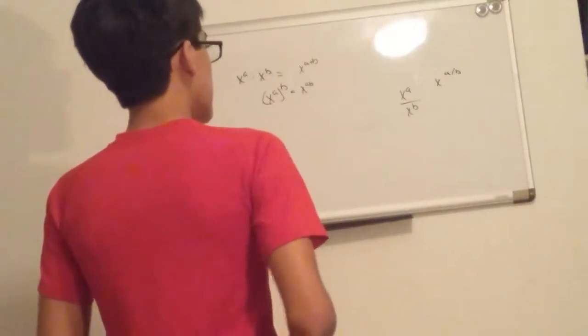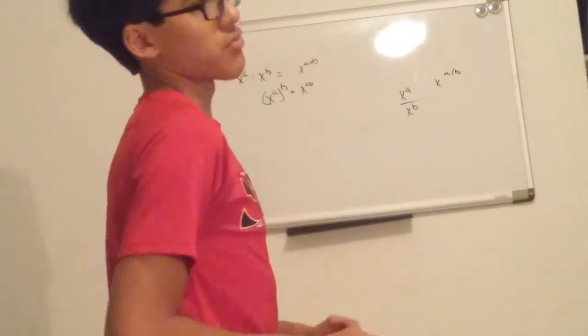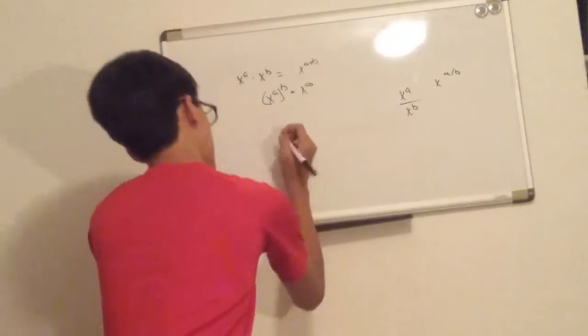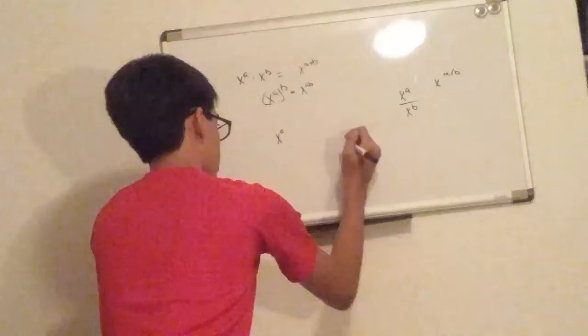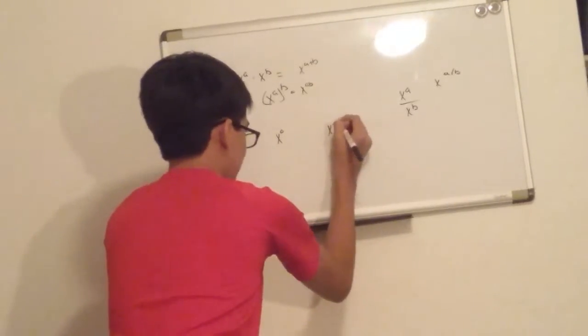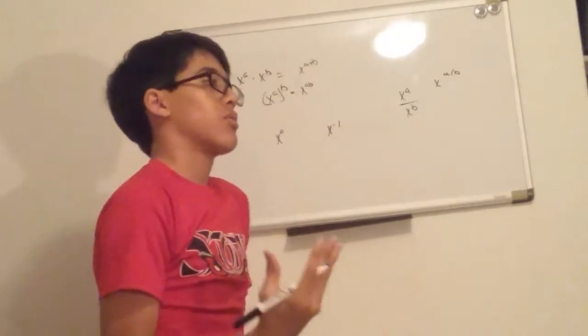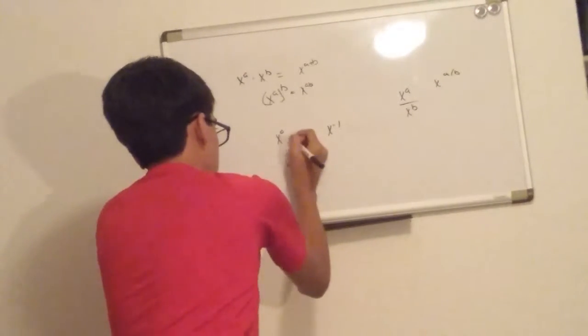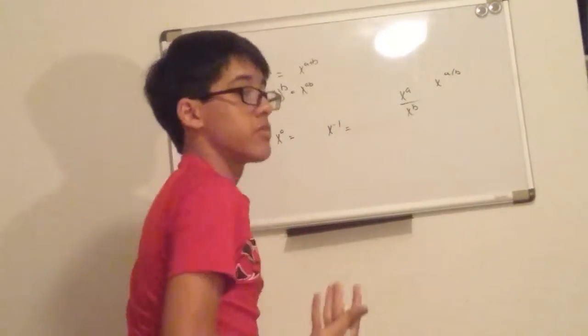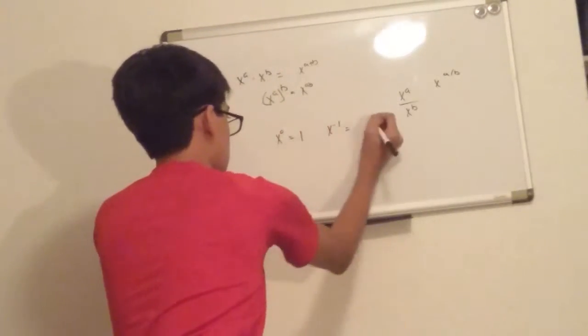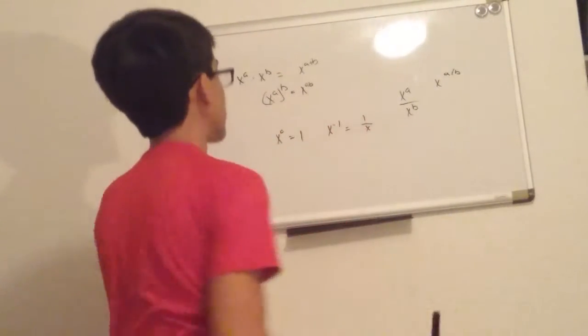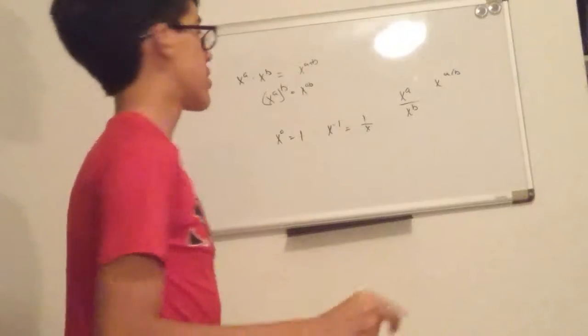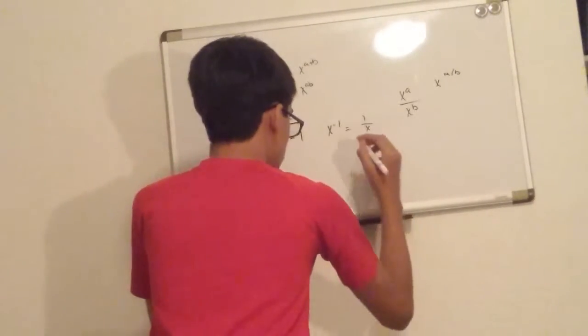Now, time and time again, I got swarmed with these problems: x to the 0 and x to the negative 1. Now, who came up with this? Watch me solve it just like that: 1 over x. It's that simple. If you have a negative exponent, you have to divide.